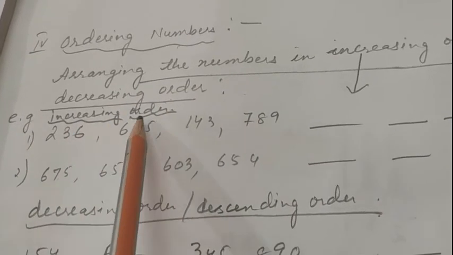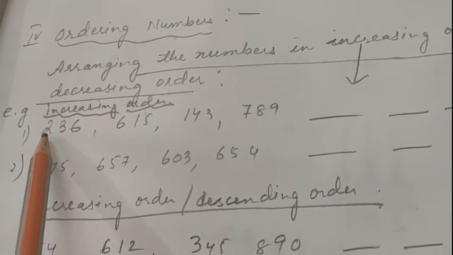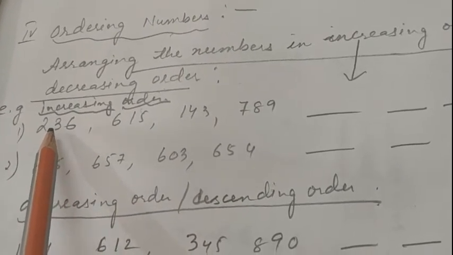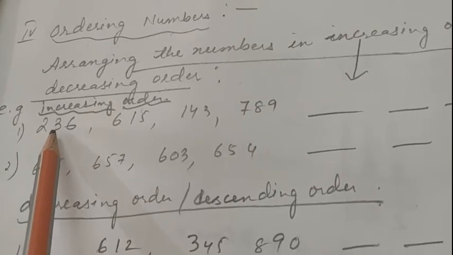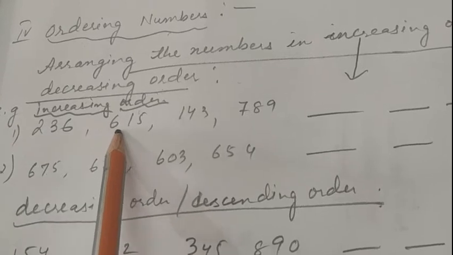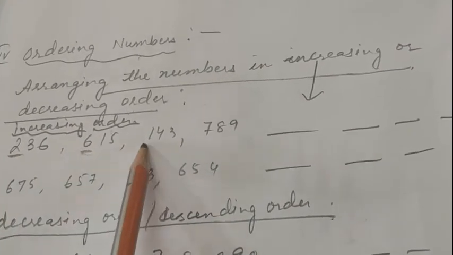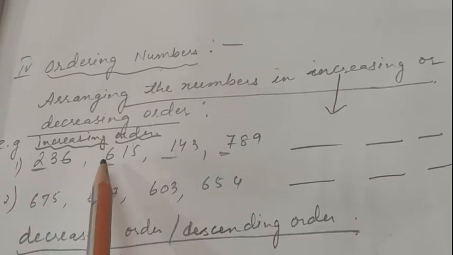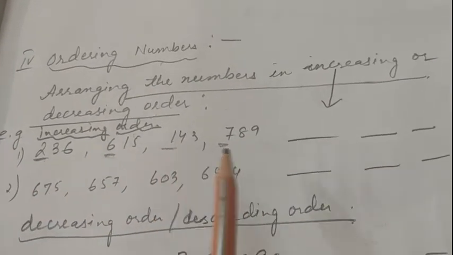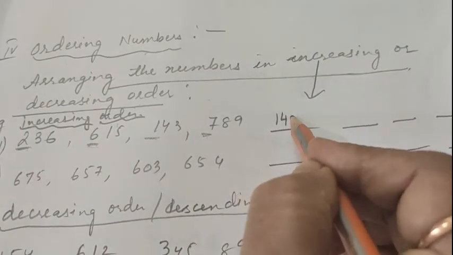So what is increasing order? Increasing order means we have to write the number from small to big. So we have to find out the smallest number. Hundreds we have to check. We check the first hundreds ones. 200, 600, 100, 700. Which one will come first? 143 first.